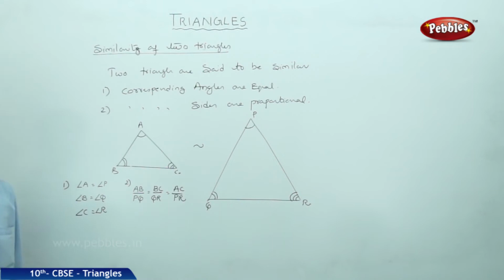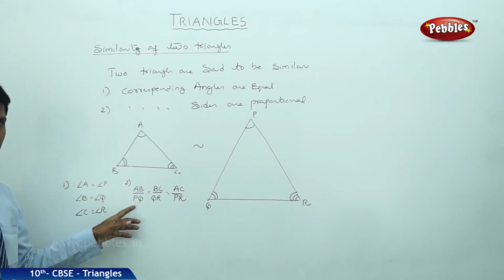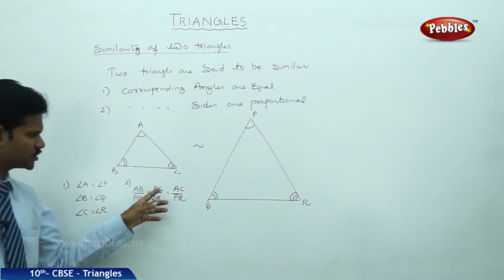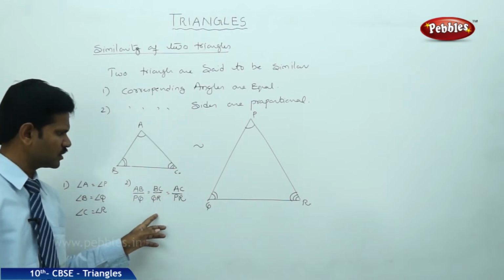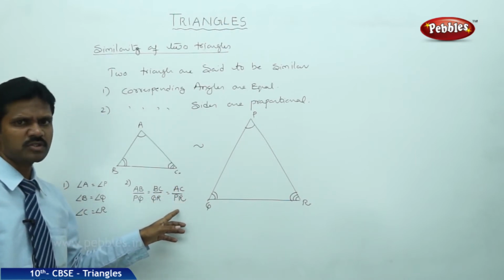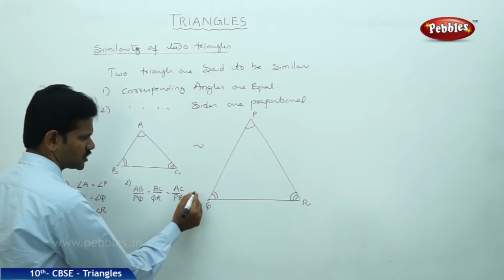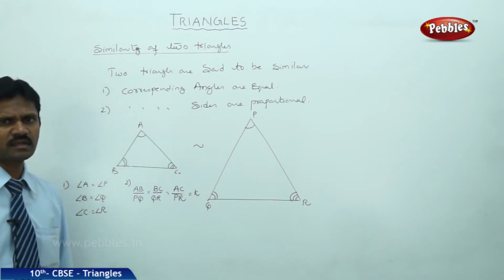That is, the ratio of AB by PQ, the ratio of BC by QR and the ratio of AC by PR must be some constant that is equal, which is called as proportional.